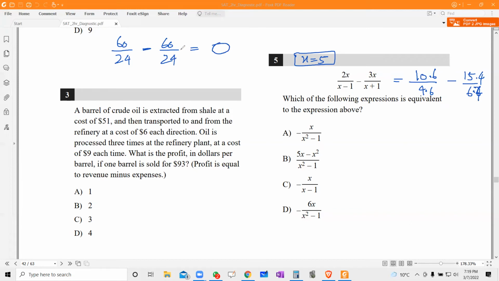It's 0. So when x is 5, we should get 0. It works. Let's plug in x is 5 in the options.